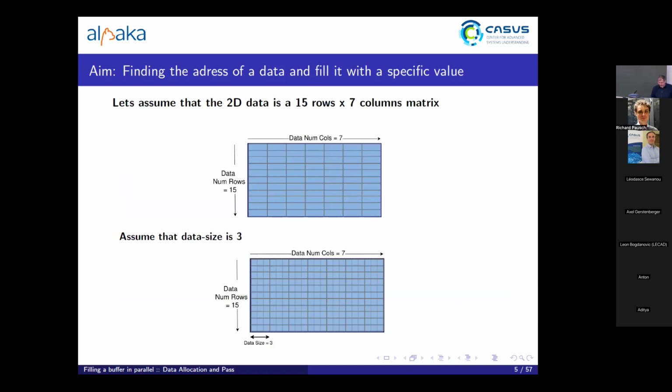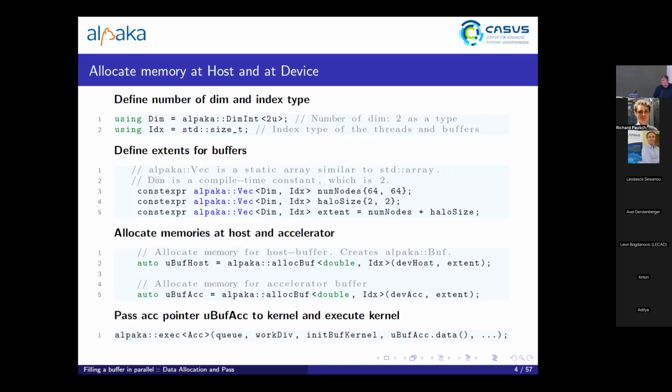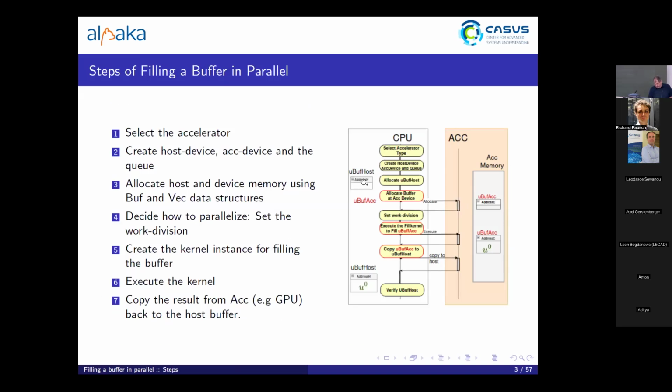We have allocated a memory at the host, and we also allocated memory at the ACC, but we need to pass this address that we allocated to the kernel, so that the kernel will use the ubuff ACC address to fill the data in the GPU.